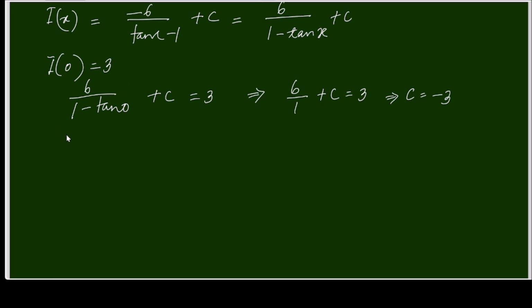To find the integral at pi over 12. Pi over 12 can be written as pi by 3 minus pi by 4.